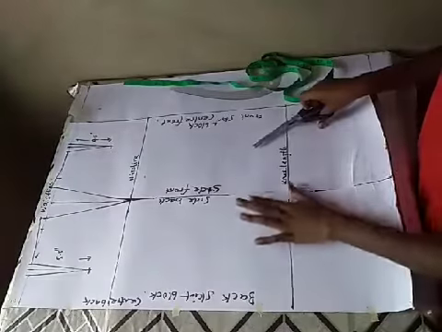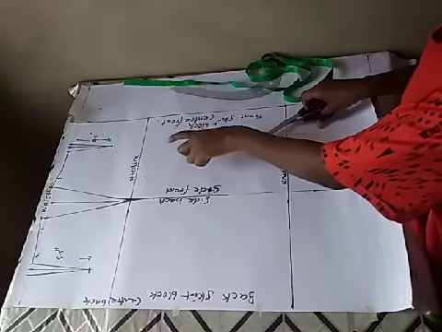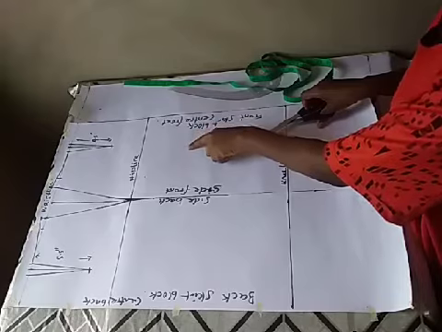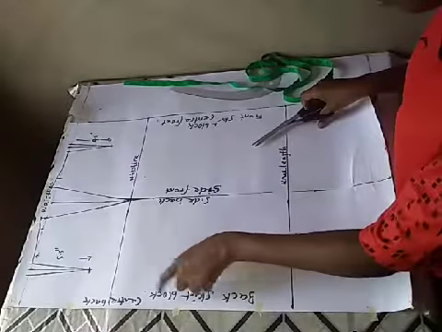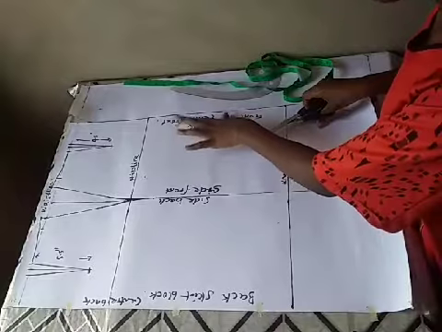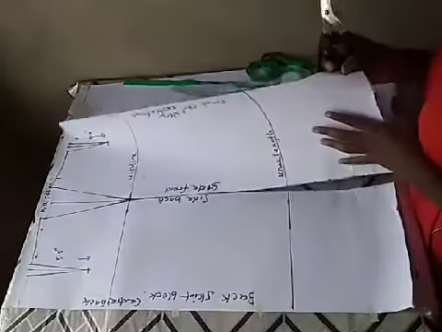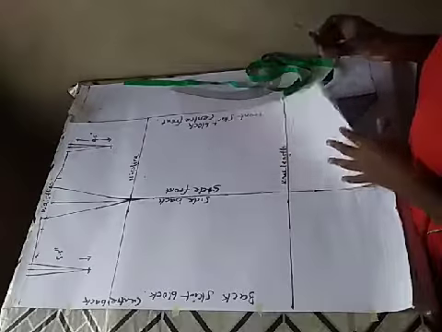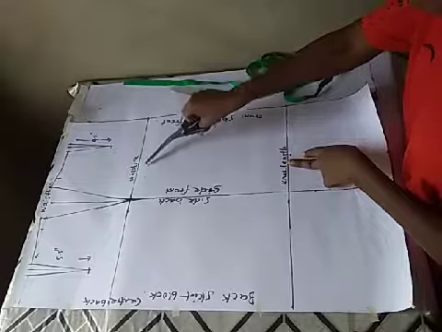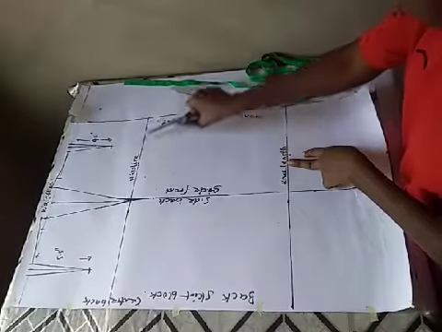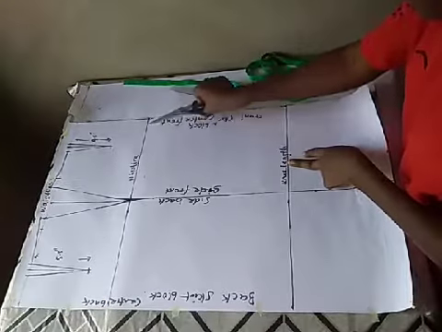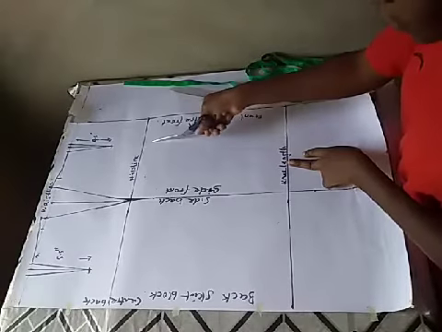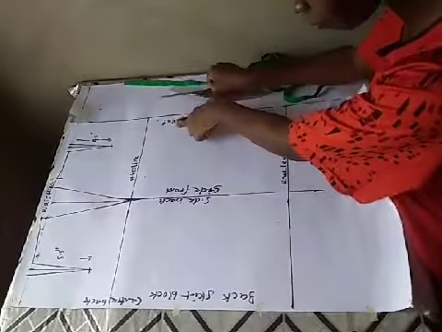So one thing I want to explain is that this is 1/4 of your hip, then this is 1/4 of your hip. By the time you are cutting it on fold, it will give you 2 times of 9.625. So 2 times 9.625 will give you 19.25 for your front skirt.